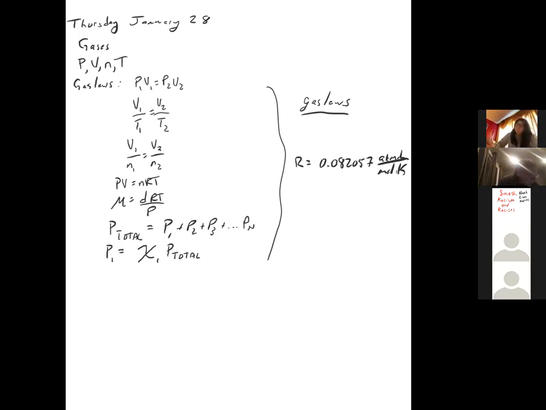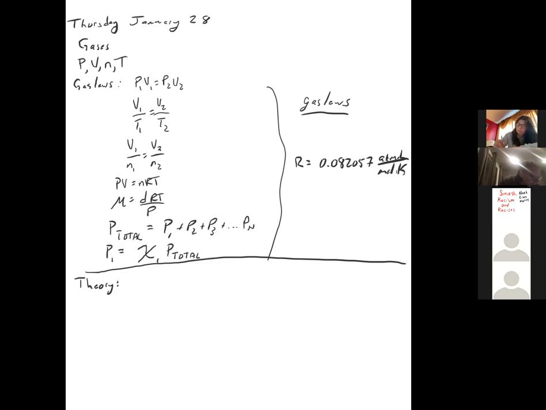So what we're going to talk about now is the theory of gases, which is more about the explanation for why gases behave the way they do. Why is it that the pressure of a gas times its volume is constant if the temperature is not changing? Why is it that the molar mass of a gas is dependent on the density of the gas? Those sorts of things, okay?